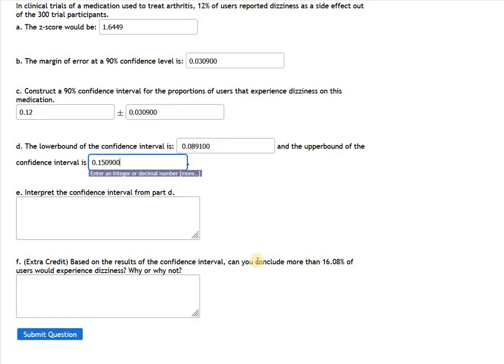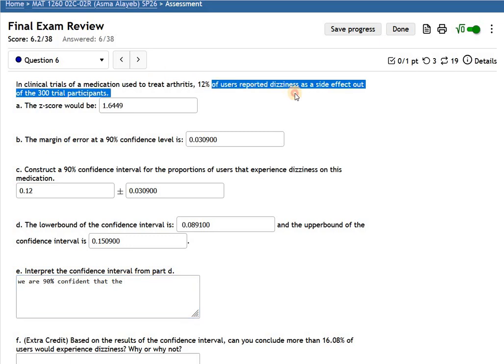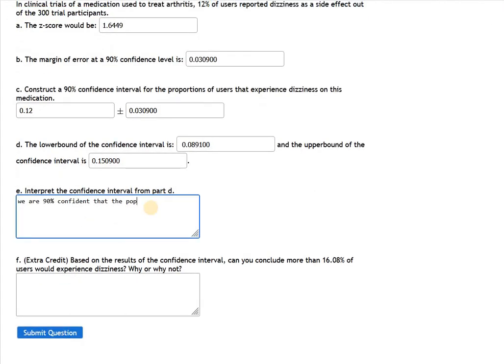The next part is to interpret the confidence interval from part D. We're going to say we are 90% confident that the population proportion of users reported dizziness. I'm going to copy this part. Okay, I'm going to say the population proportion of, and then paste what I copied from there.